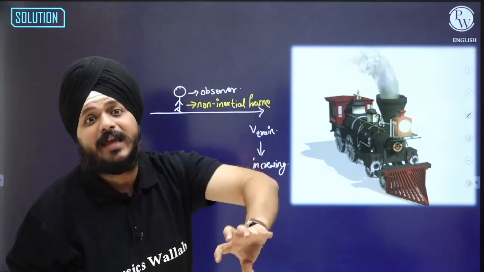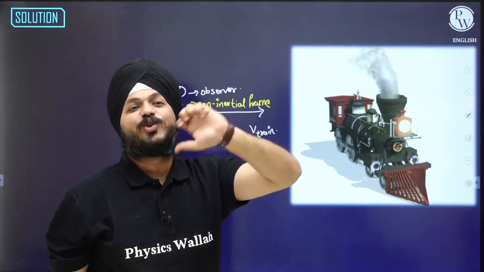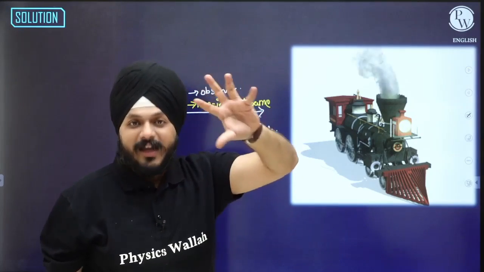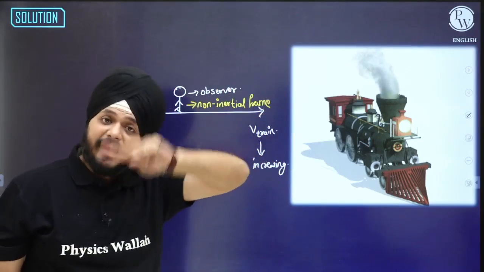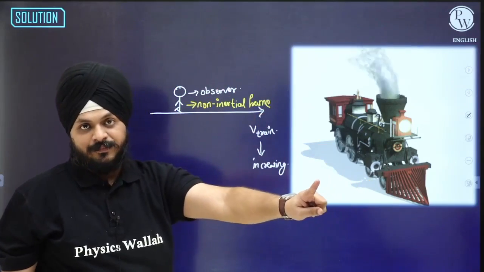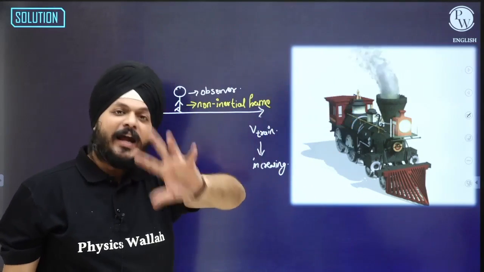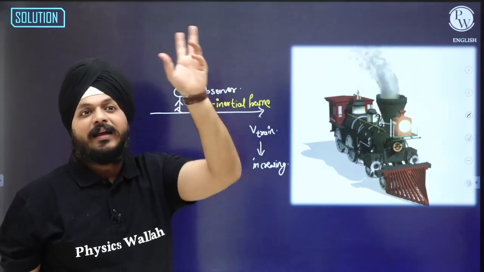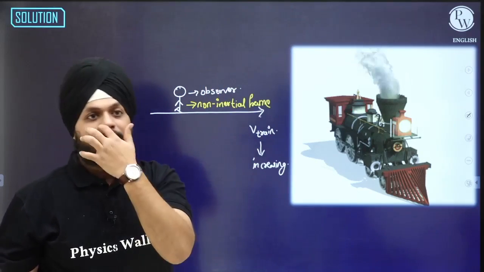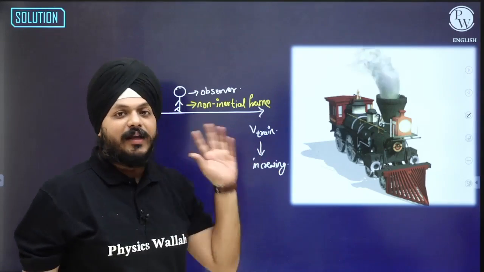And in this case, Newton's laws and everything are generally not applicable. Right now we are not dealing with any kind of force, but we are dealing with an acceleration. So indirectly, for a non-inertial frame, we are dealing with the acceleration.